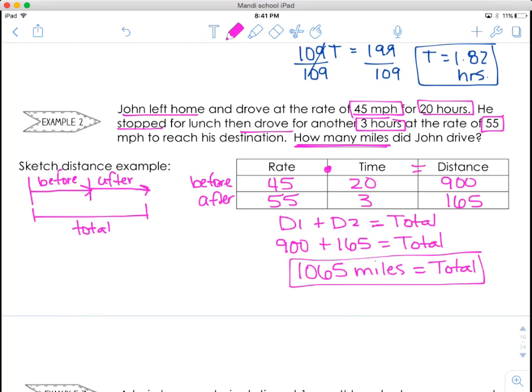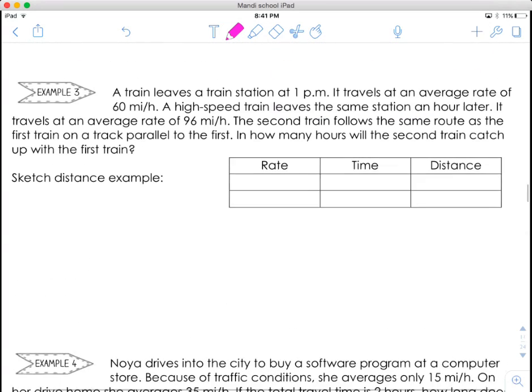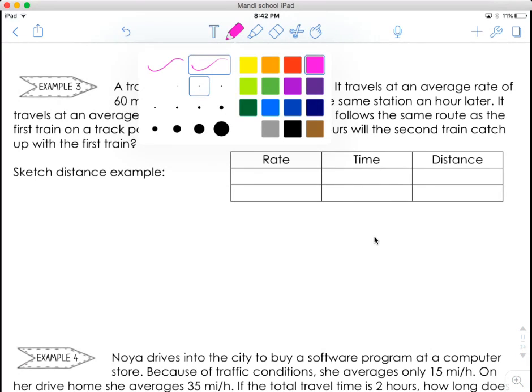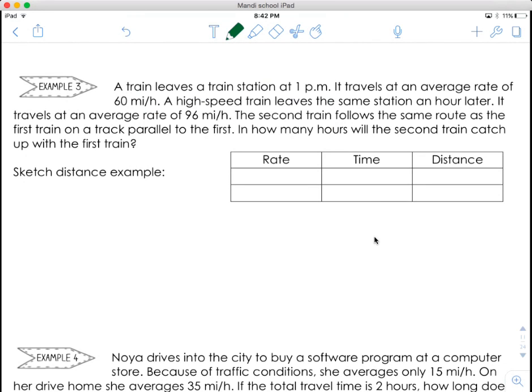Okay, so let's look at the next problem. A train leaves the station at 1 p.m. It travels at an average rate of 60 miles per hour.